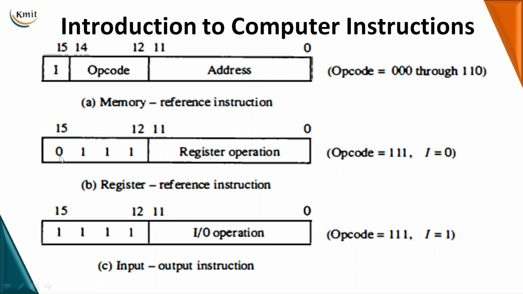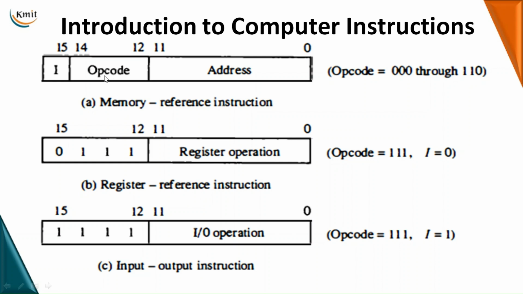In the case of register reference, the I bit is 0. In the case of input output instructions, the I bit, the 15th bit, is 1. So whenever the opcode is 111 and the I bit is 1, the instruction is an input output instruction. Based on this, we classify the computer instructions into three types: memory reference, register reference, and input output instructions.